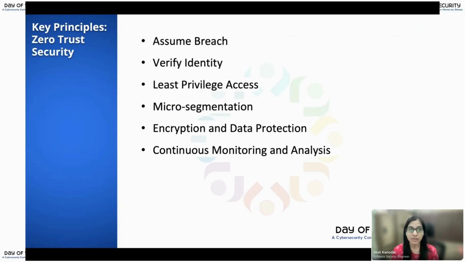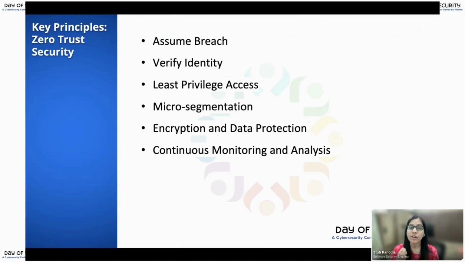No one is trusted within zero trust, as mentioned earlier as well. We always presume a breach can happen anywhere, at any place, at any time, so we are always prepared. We are not trusting anyone within the boundary or outside of the boundary. That's the mindset we have to cater to while implementing zero trust security: always assume breach.